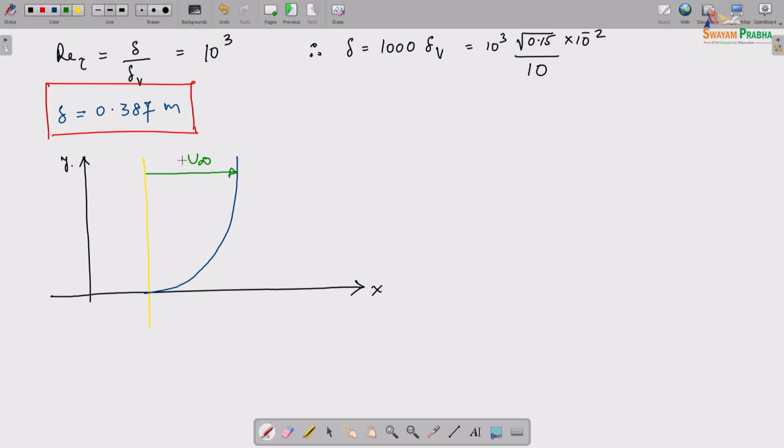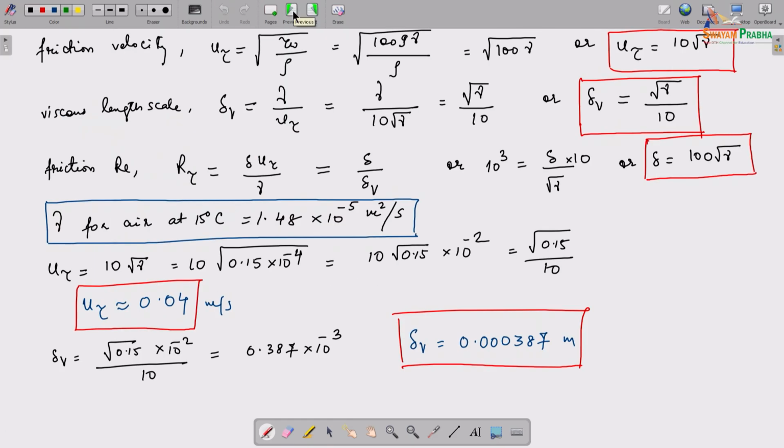And what is the height of this? The height of this is delta, which is 0.387 meters.